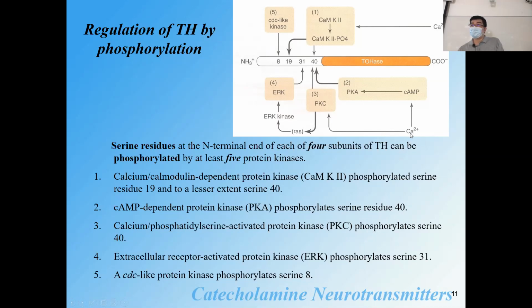Remember, if you still remember the slide on secondary messengers, the activation of the synapse to release the neurotransmitter is by the influx of calcium. So calcium can also act through secondary messengers, and that will activate PKA and also the calcium calmodulin dependent protein kinase.